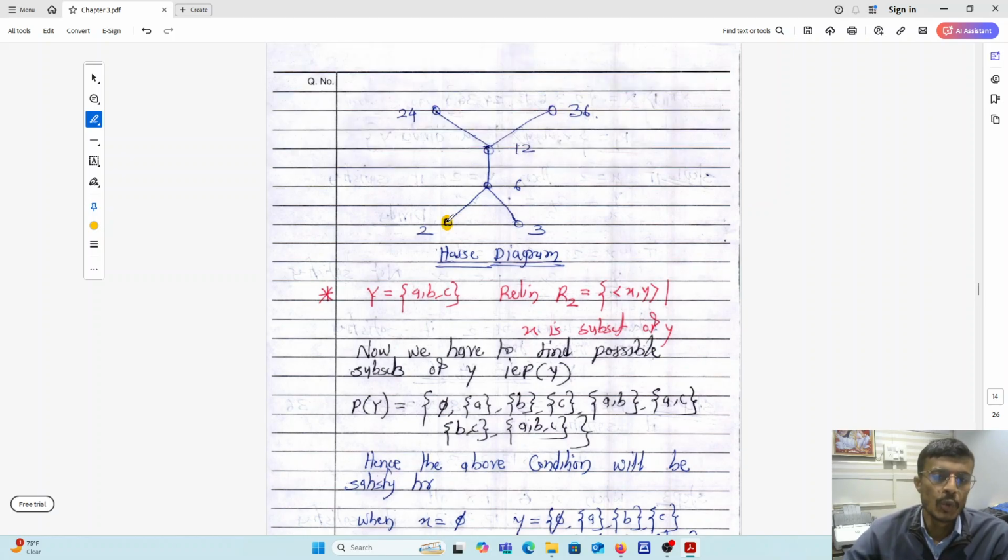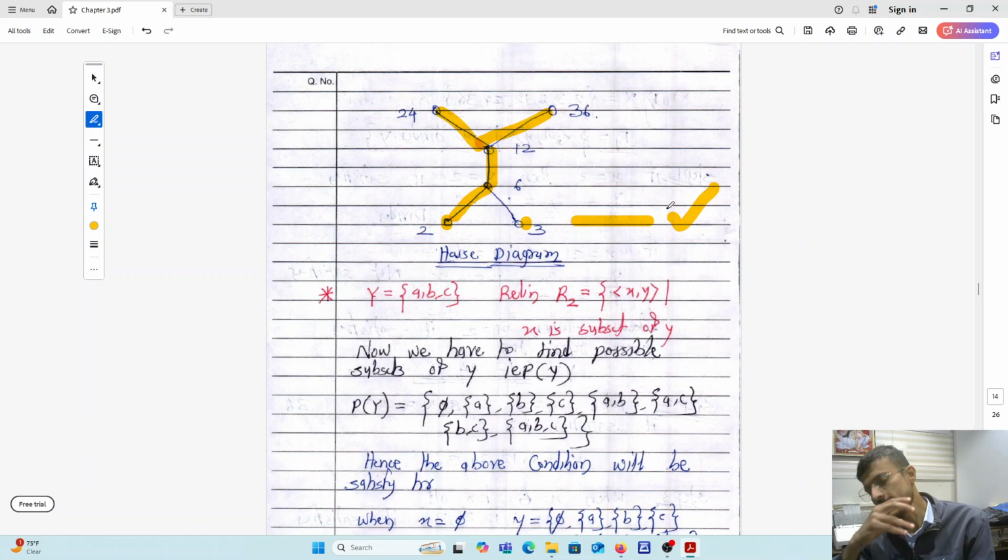So 2 divides 2, no issue. 2 divides 6, yes, so it goes upward. Then 2 divides 12, yes, it is possible. 2 divides 36, yes, possible. 2 divides 24, yes, it is possible. Then, does 2 divide 3? No. That is why 2 and 3 are represented at the same level.